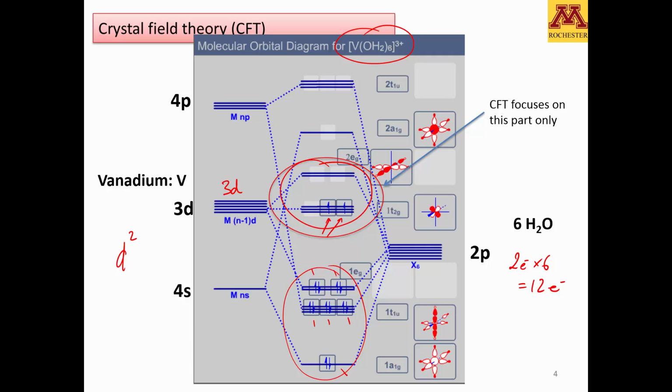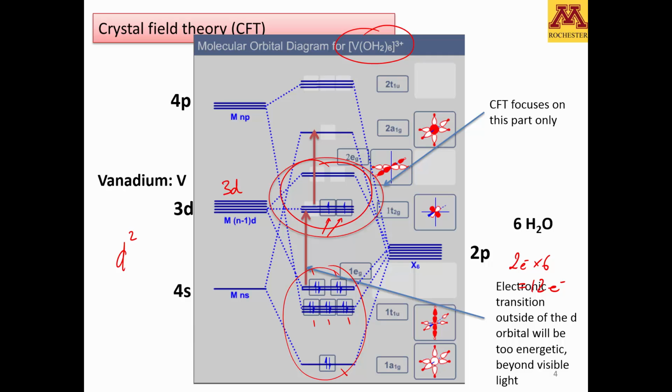So crystal field theory tries to explain in what way these 5 d orbitals are now split in 2 different levels. Notice that the color can only be explained in transitions between these 2, now that they're not degenerate anymore, between these HOMO and LUMO orbitals.